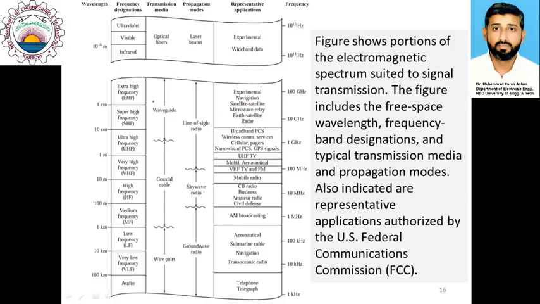So I would strongly encourage you to take a look at this chart, so that you get a basic idea of what type of transmission media we use for what type of frequencies, what type of application.